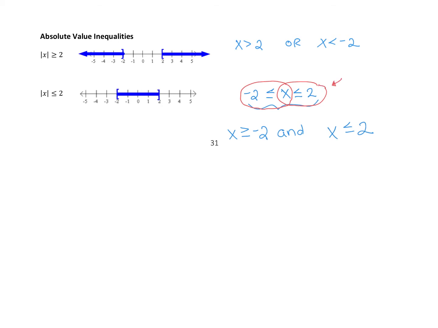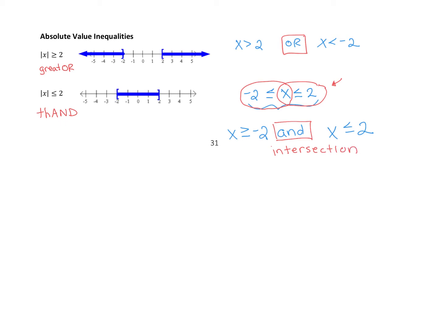One thing that I find to be very useful is that when it's a greater than symbol, it's an or statement. And when it's a less than statement, it's an and statement. And when it's an and statement, we're looking for the intersection of the two sets.